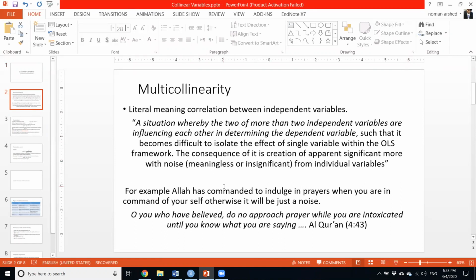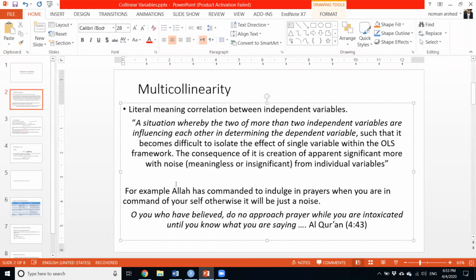If we try to define it in detail, it can be a situation whereby two or more independent variables are influencing each other. It means that two or more variables are related to each other, which are actually assumed to be independent of each other in a regression framework.